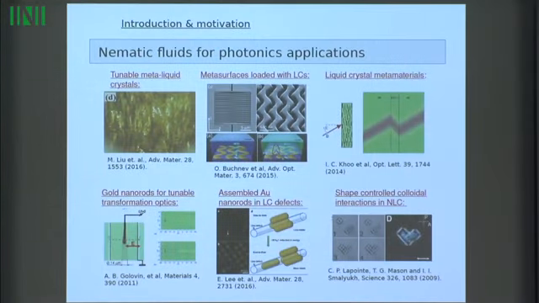Okay, how to connect the photonic metamaterials to the field of nematic fluids. Here are some papers we took some inspiration from. The top row is the more metamaterial row, and the bottom row is a bit like nanoparticles and nanoparticles in liquid crystals.